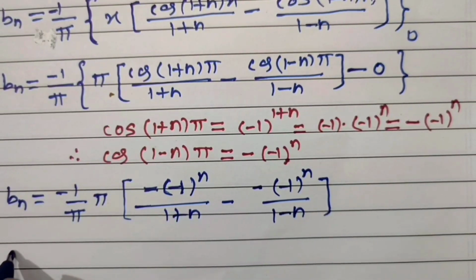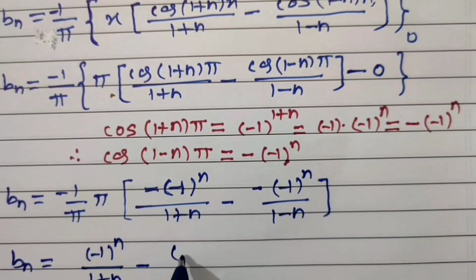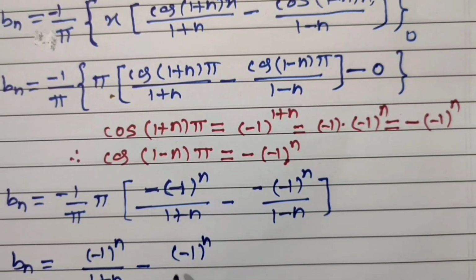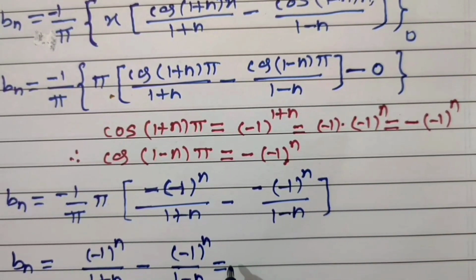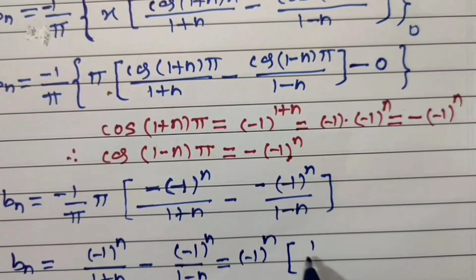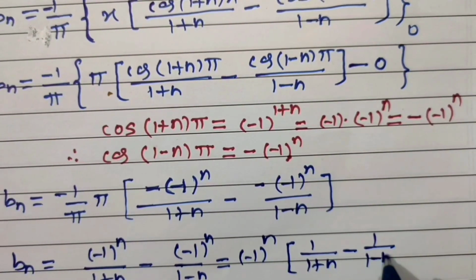Hence Bn is equal to minus 1 to the power n divided by 1 plus n minus minus 1 to the power n divided by 1 minus n. We can take minus 1 to the power n common, into bracket remains 1 upon 1 plus n minus 1 upon 1 minus n.